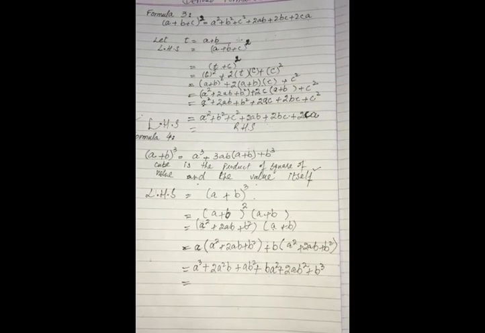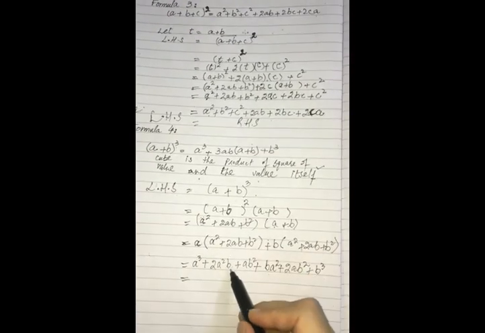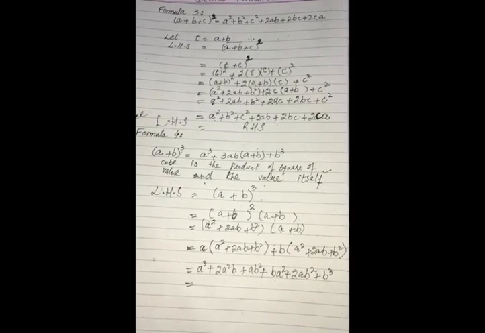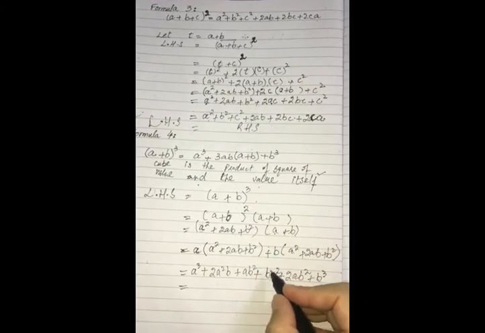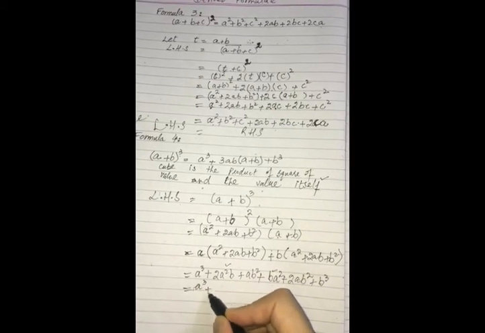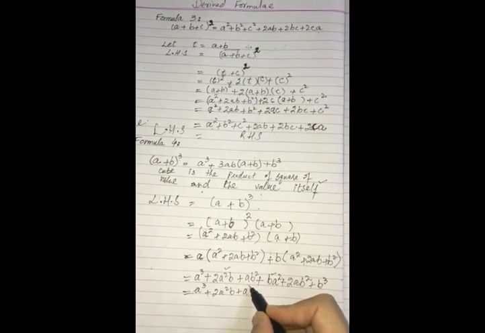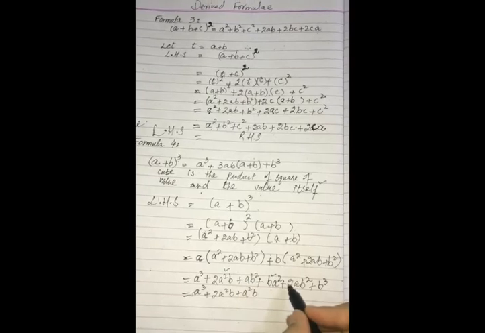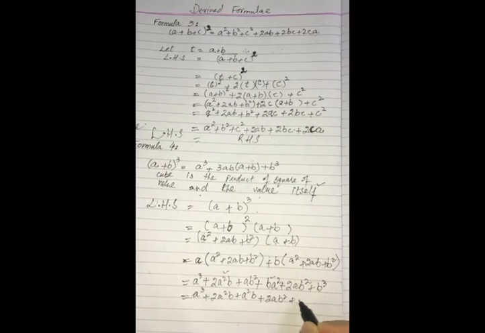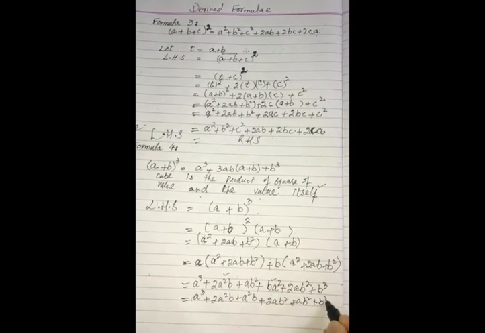Next step is to arrange all values. 2a square b and a square b, yes, these can be added. A cube + 2a square b + a square b, and these two have same variables, 2ab square + ab square, and at the last b cube.